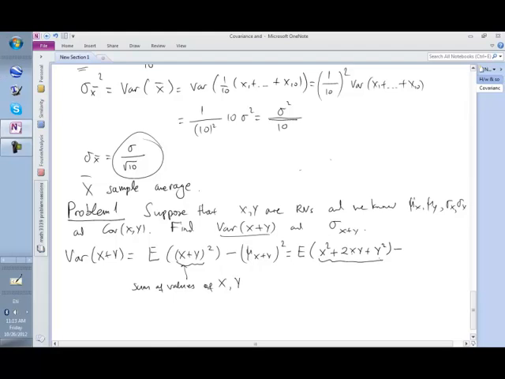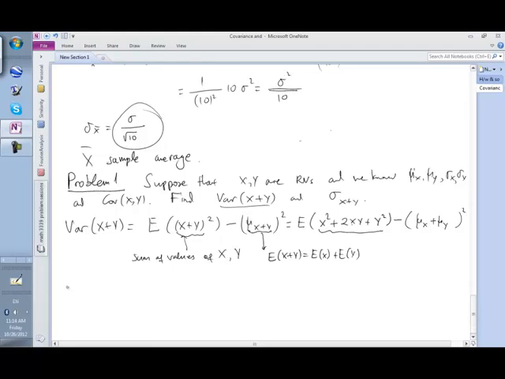And of course, to do that, I will apply the algebraic rules that govern the expected value of a sum. Now, this is also here the expected value of x plus y, and we know that the expected value of x plus y is the expected value of x plus the expected value of y. Therefore, inside the square, I will have mean of x plus mean of y, squared.